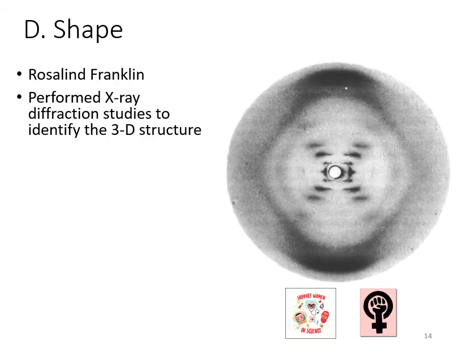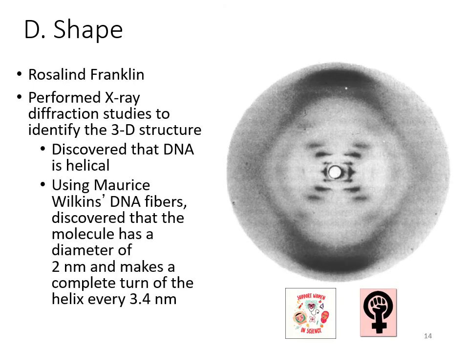All right, Rosalind Franklin was a scientist who discovered the shape of DNA, that it forms a helix, meaning it's like a ladder that's twisted. She made this discovery based on images she made using X-ray diffraction.